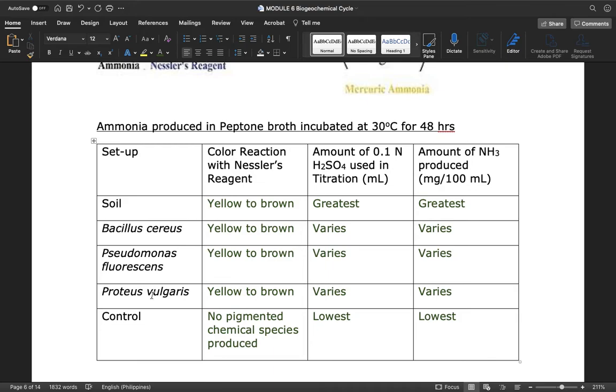That's why it is expected that all the tested microbes here will be producing ammonia, and they will of course react with the Nessler's reagent.